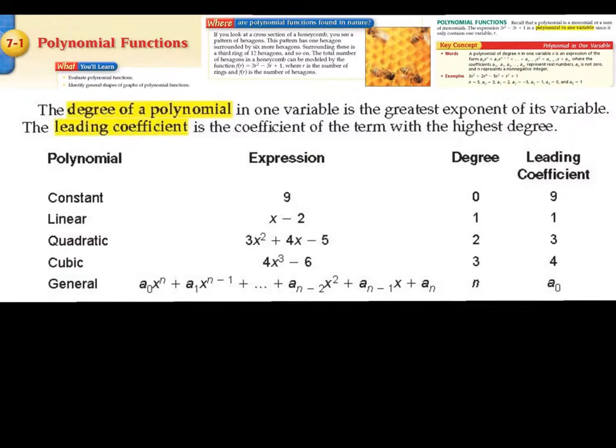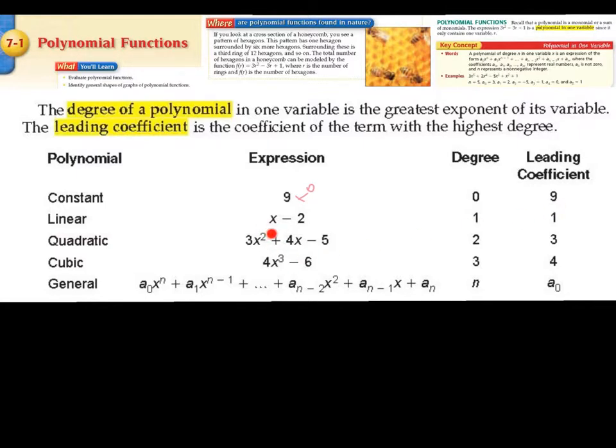The degree of a polynomial in one variable is the greatest exponent of its variable. The leading coefficient is the coefficient of the term with the highest degree. So if we just have a constant, there is no x, so it's degree 0. You could write x to the 0, I suppose. So the leading coefficient is the only number we have, which is 9.